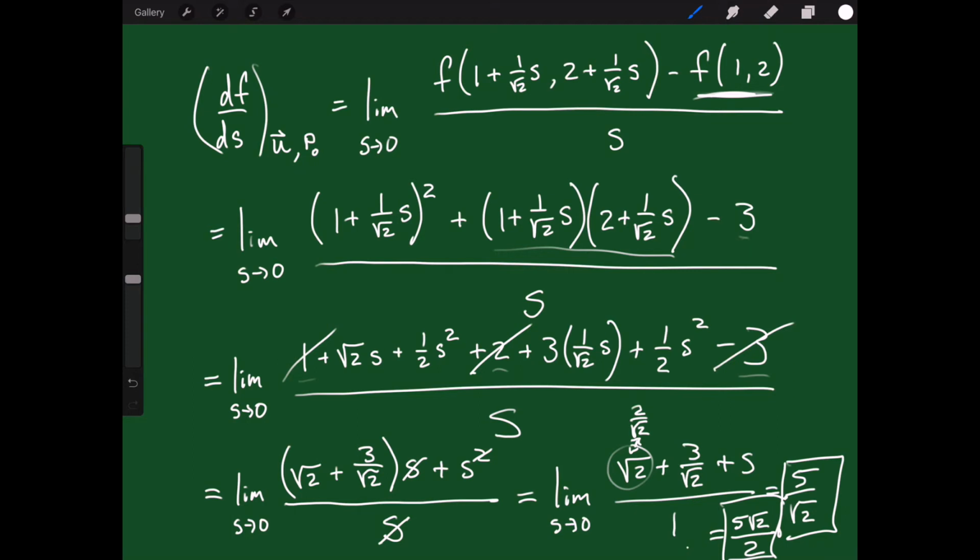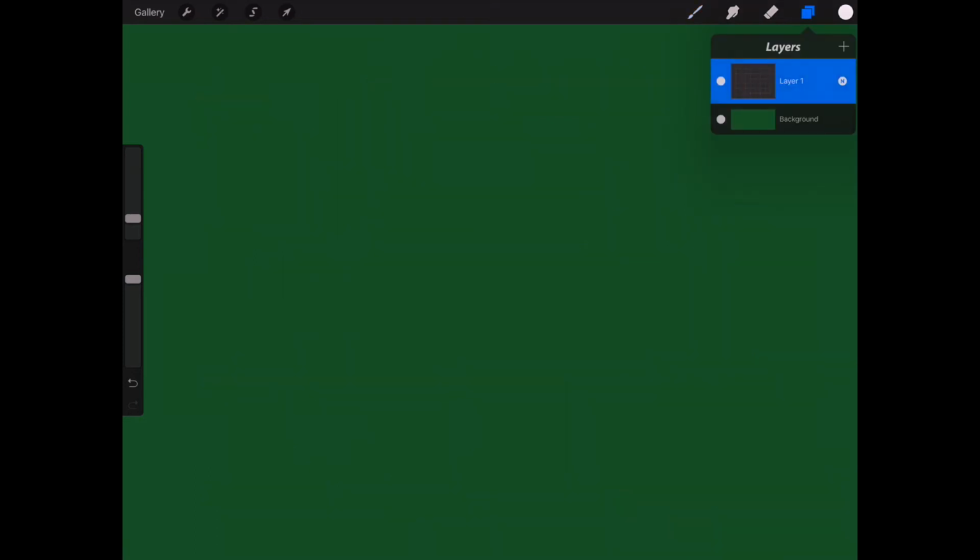So in that specific direction at the point (1, 2), what is the slope? Well, it's 5 over square root of 2. So that's pretty cool. Now, we know from previous classes that we don't usually end up taking the derivative by a limit.